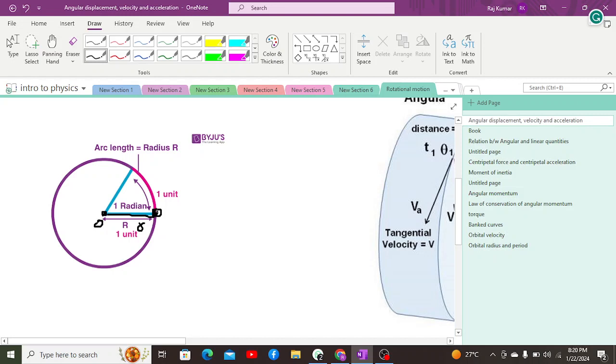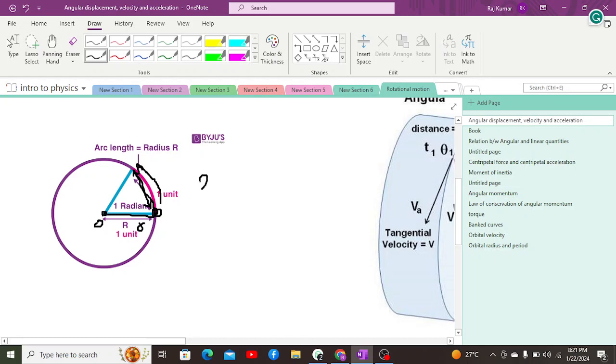Now when the particle subtends an angle theta, let's suppose the arc length formed by the arc of that angle theta is equal to the radius of that circle.